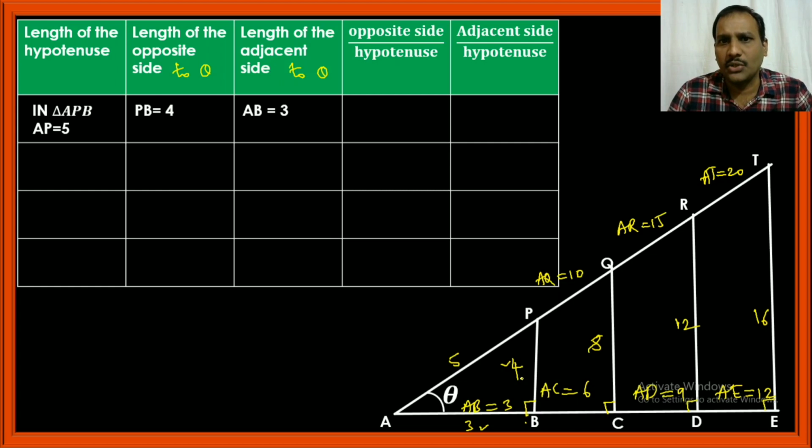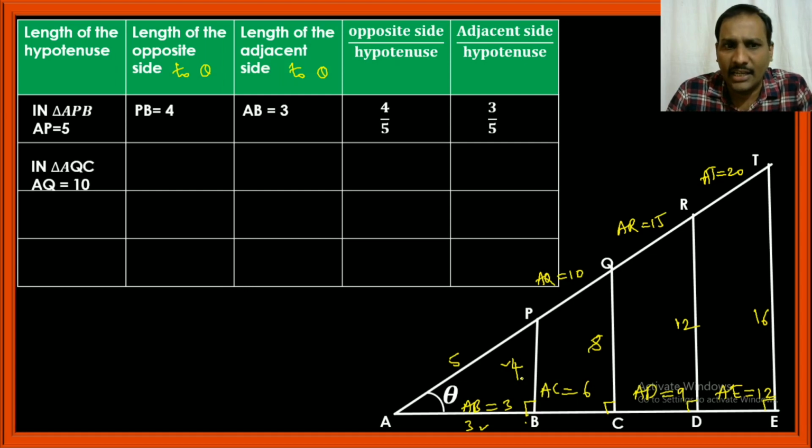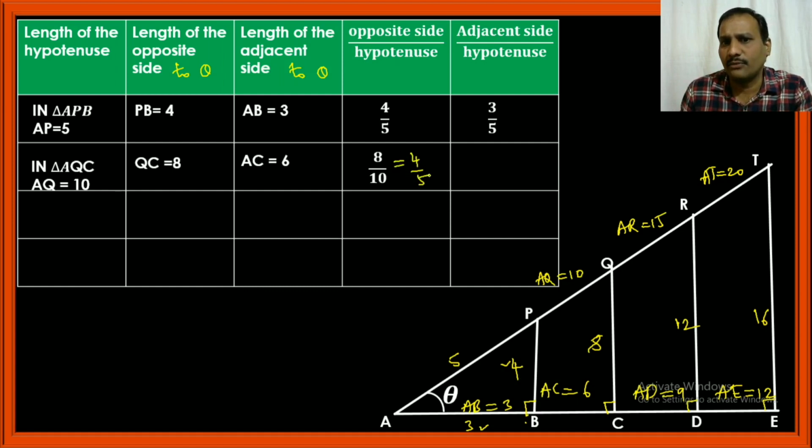Now take the ratio opposite side by hypotenuse, that is 4 by 5. And what is the adjacent side by hypotenuse? 3 by 5. Similarly, you take triangle AQC, take the opposite side and the adjacent side and the ratios. So here you got 8 by 10 opposite. If you simplify, you will get 4 by 5. And 6 by 10, after simplification, you will get 3 by 5.